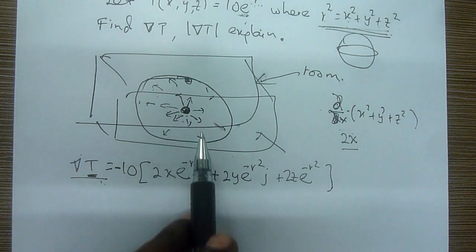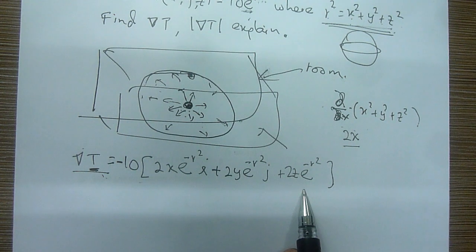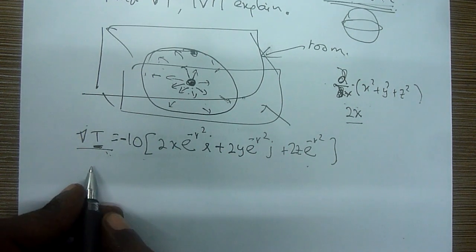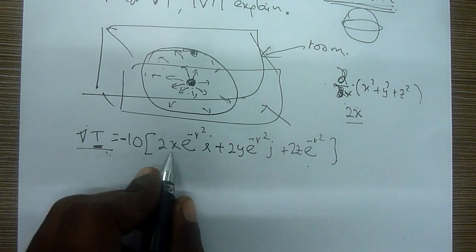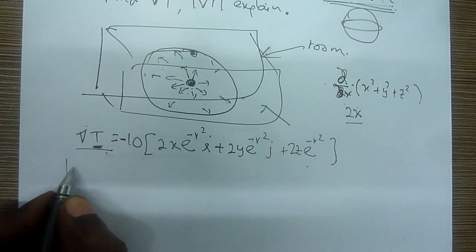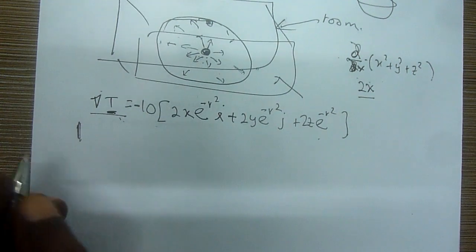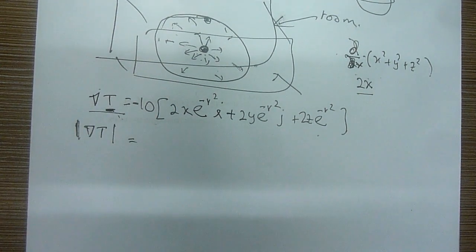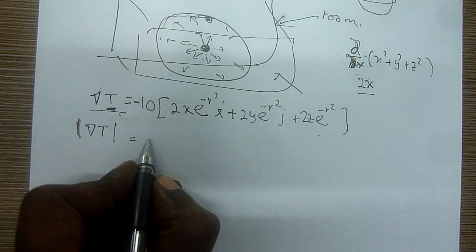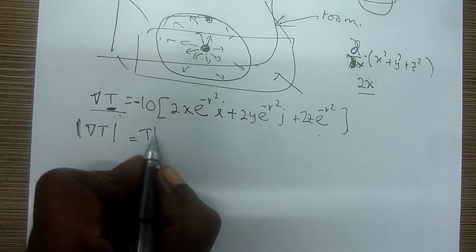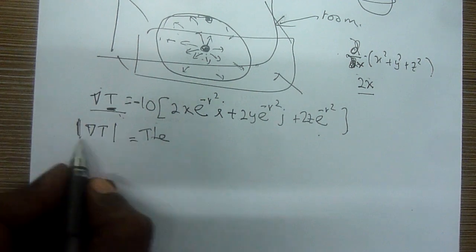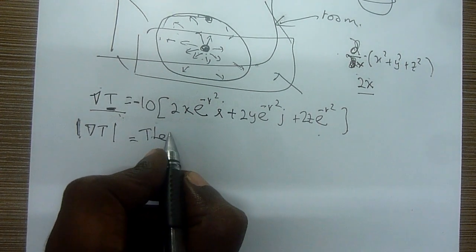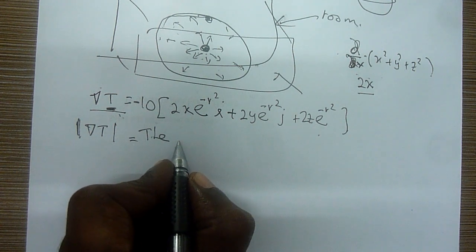Therefore, you are able to see that in this case, for the gradient field, how to explain this when I say T? Can I explain this? Yes, you need to explain first. This is the magnitude, basically.